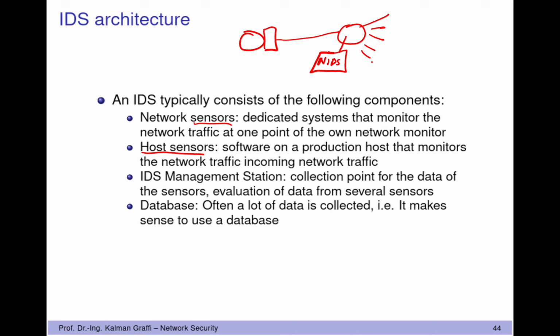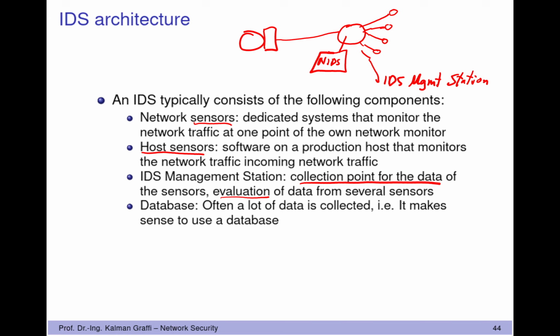And there's probably somewhere some IDS management station where all the logs are brought together and you can evaluate them. So it's a collection point for data of the sensors, and evaluation of data from several sensors. This is for the case that, let's say, each individual line has an acceptable request rate.